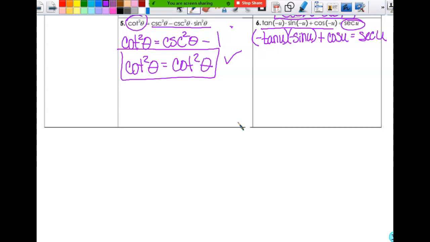All righty. So on the left-hand side, since that's the one I'm working with, when I multiply these two together, negative times negative is a positive, so I know this will be positive. I know tangent is sine over cosine, so when I multiply it by this, I'm going to get sine squared u over cosine u. Then plus cosine u equals secant u.